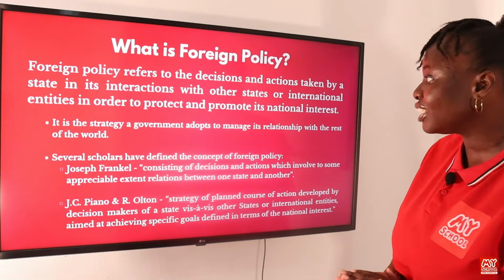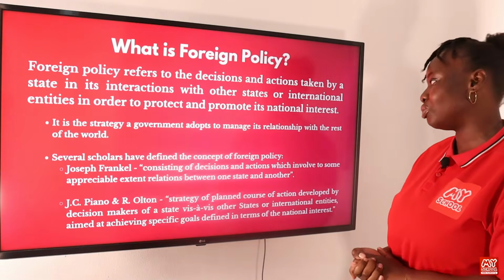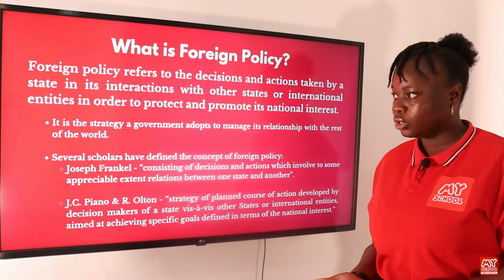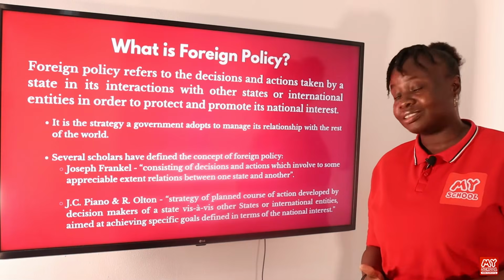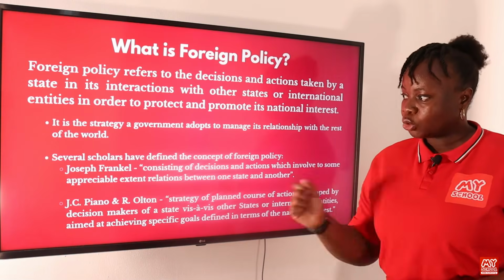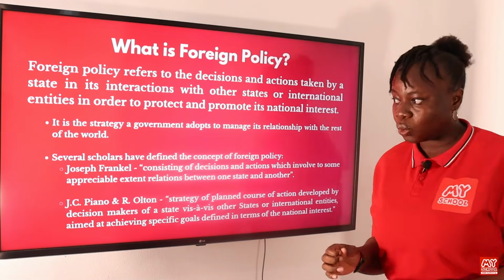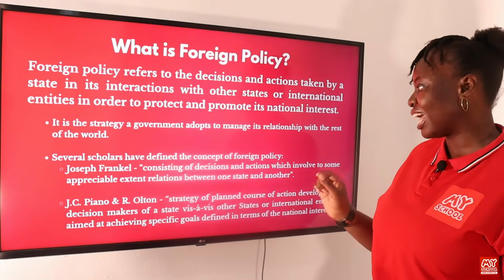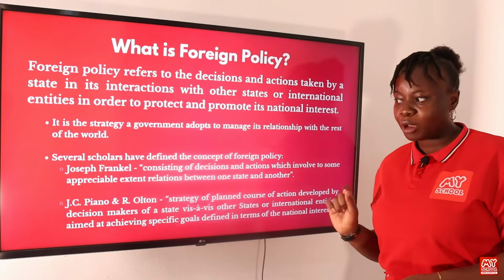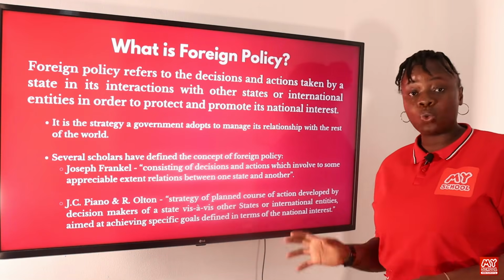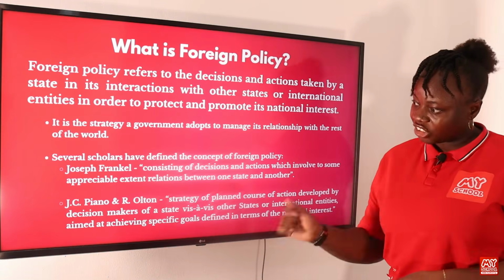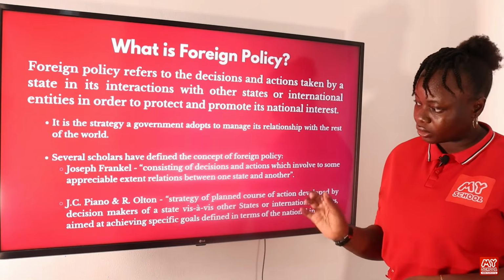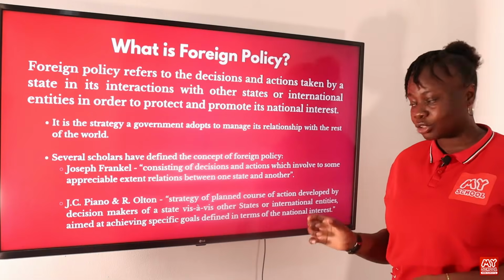All right, so it is the strategy a government adopts to manage its relationship with the rest of the world. Several scholars have defined this concept of foreign policy. A very important definition is the one given by Joseph Frankel, who defined it as consisting of decisions and actions which involve to some appreciable extent relations between one state and another. Then J.C. Plano and R. Olton also define it as a strategy or planned course of action.